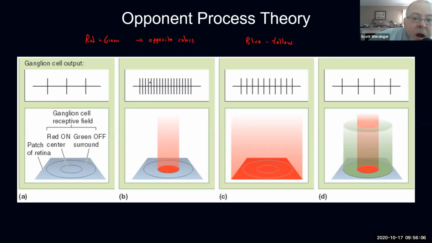The number of action potentials isn't what's important. It's the change in action potentials. So increase equals perception of red. And although it's not shown here, a decrease equals perception of green.